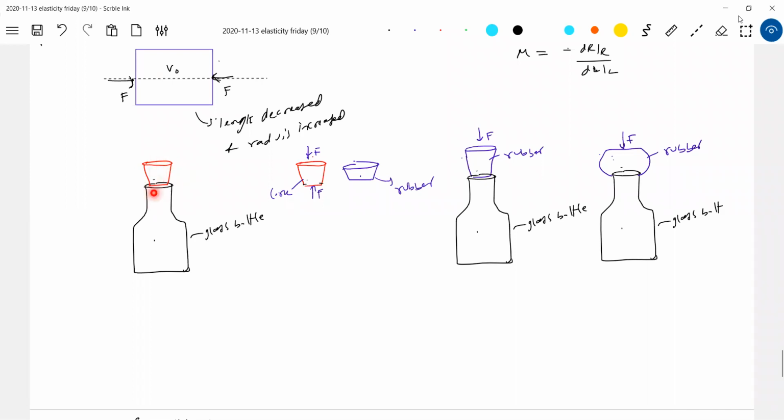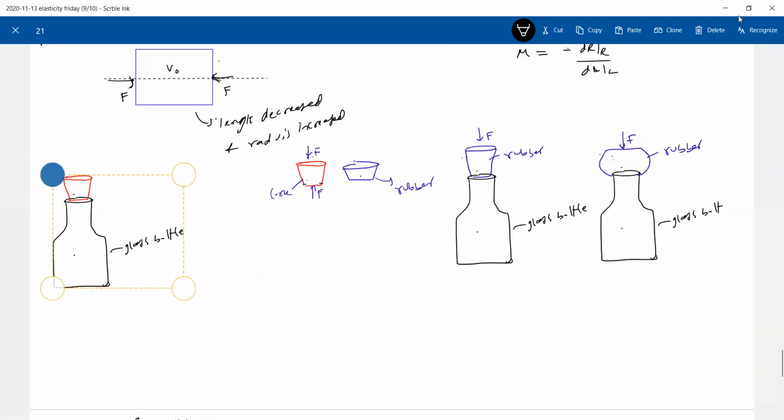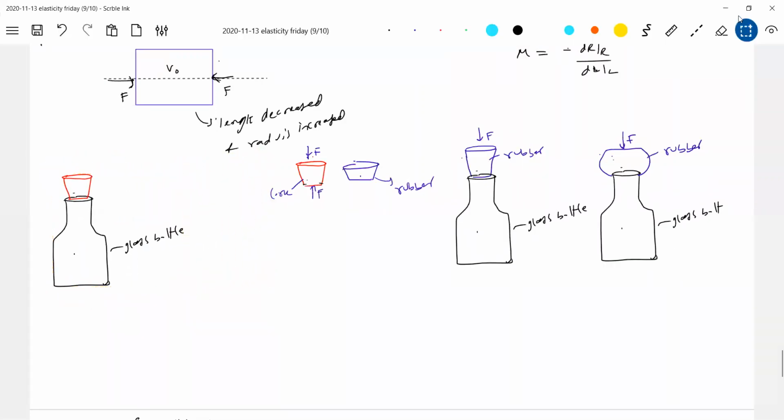Once it gets somewhere here, I'll start pushing it down. Then it will get easily into the bottle. Okay, fine. So this is the method we use. So why is the cork used to close the glass bottle? There's a main reason.